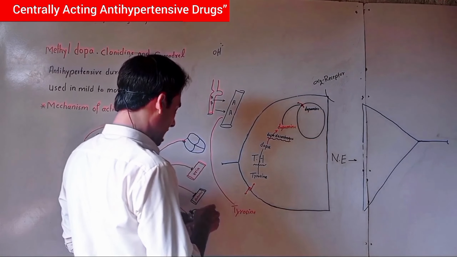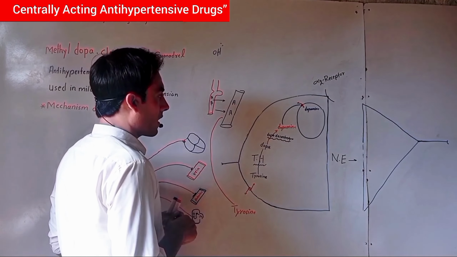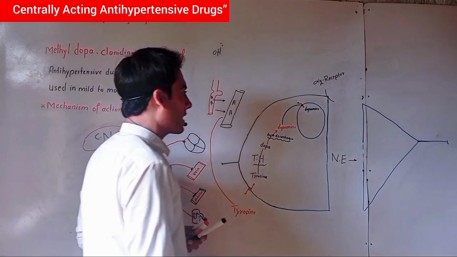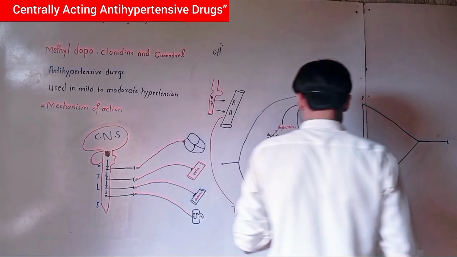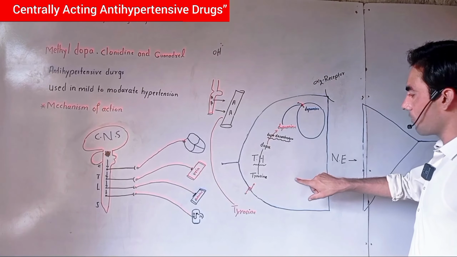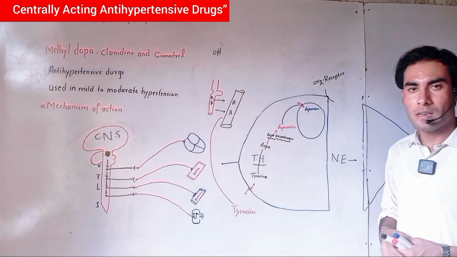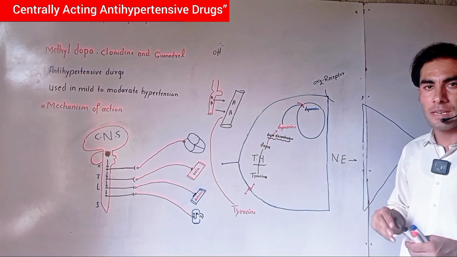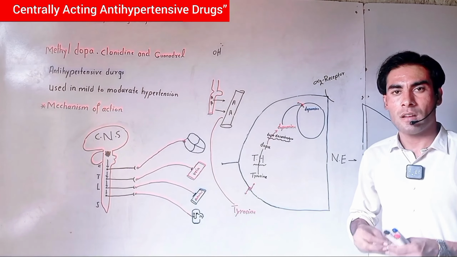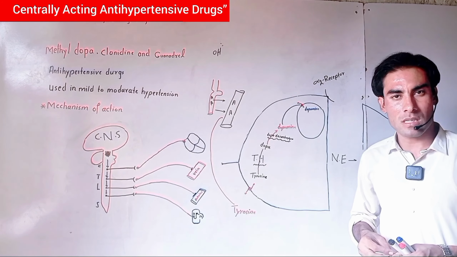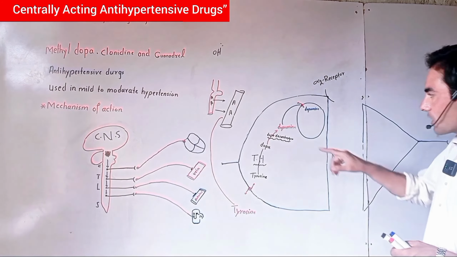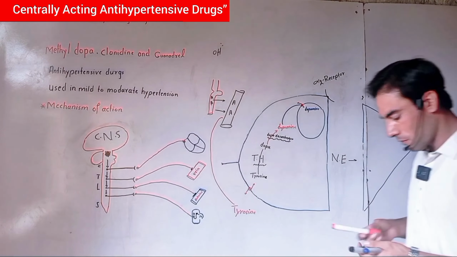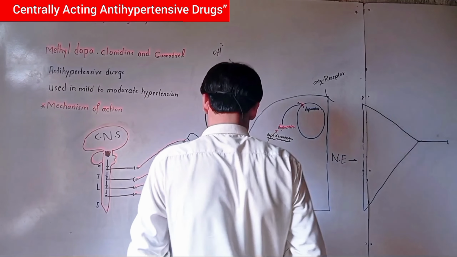This is because if dopamine remains in the cytosol, outside the vesicle, the enzyme monoamine oxidase destroys dopamine, because this enzyme oxidizes low molecular weight neurotransmitters. So for the prevention of this, dopamine is directly pumped into the vesicle.